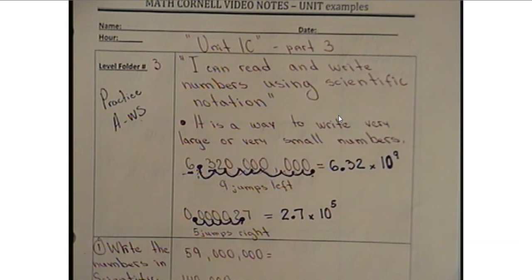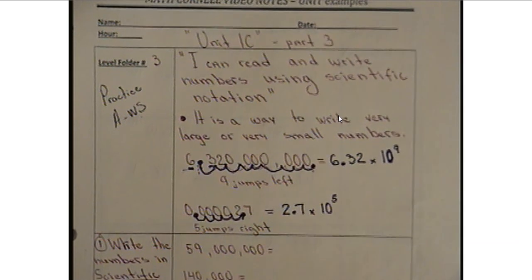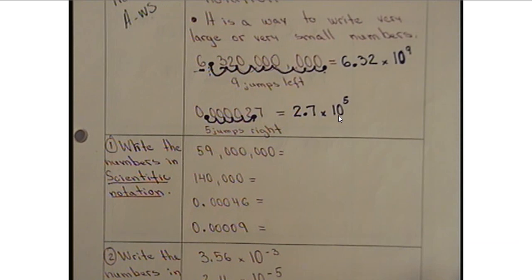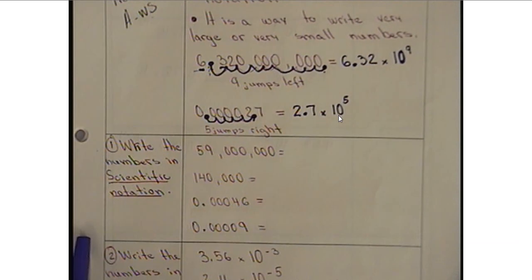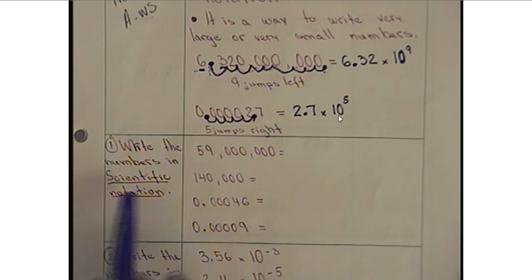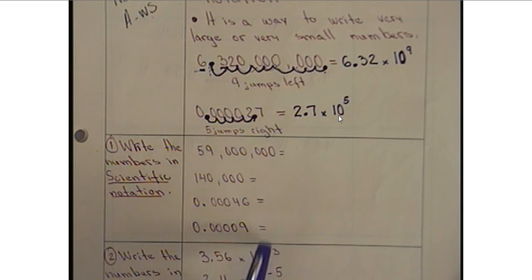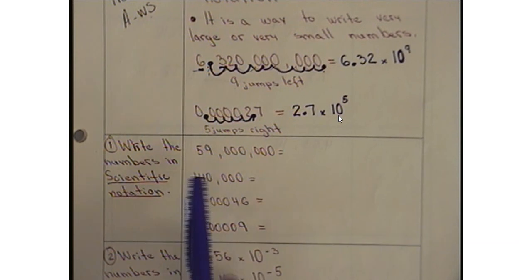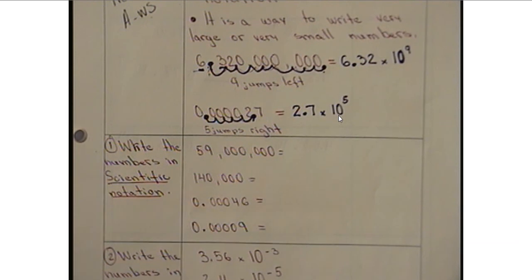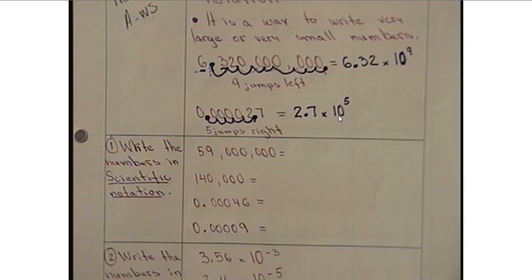So following those steps and the rules, go ahead and write down some numbers from the first example. Write the numbers in scientific notation, and we have 4 numbers given: 59,140,000, 0.3046, 0.409.